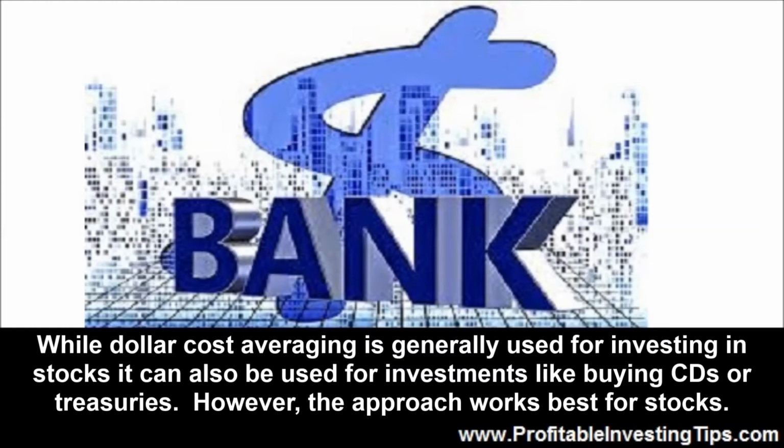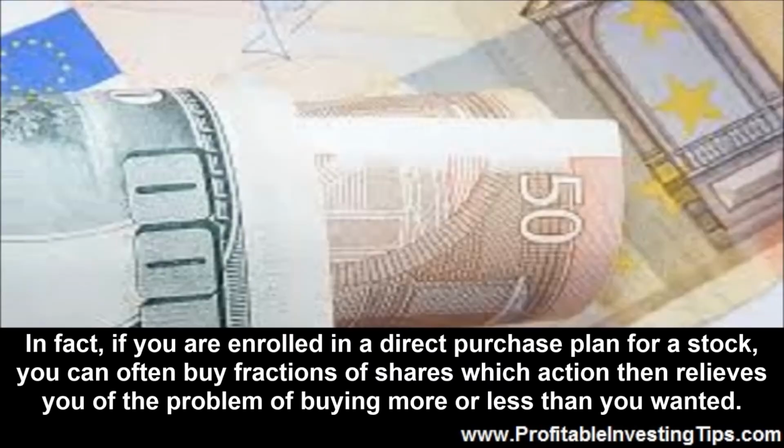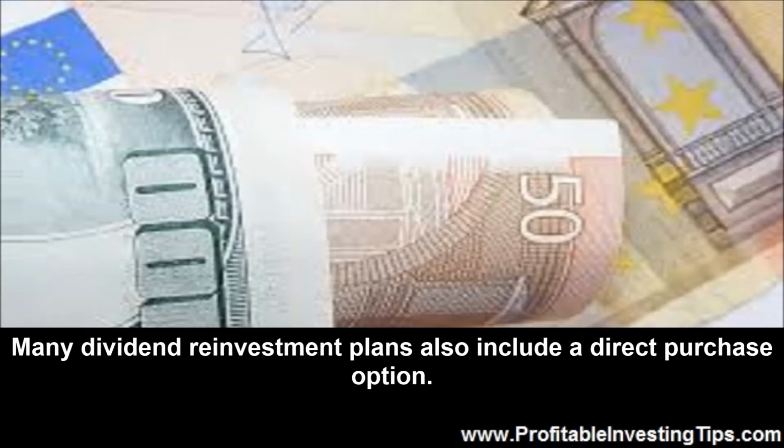However, the approach works best for stocks. In fact, if you are enrolled in a direct purchase plan for a stock, you can often buy fractions of shares, which relieves you of the problem of buying more or less than you wanted. Many dividend reinvestment plans also include a direct purchase option.